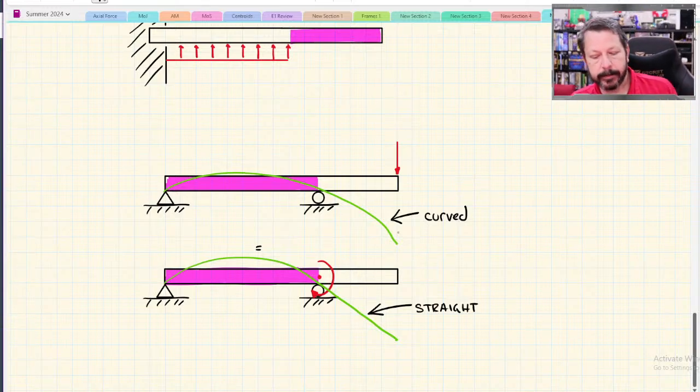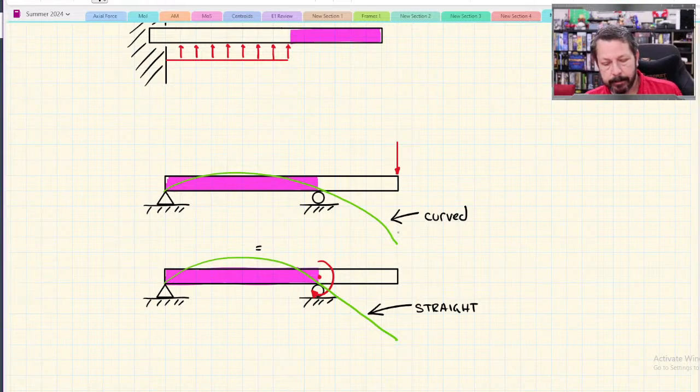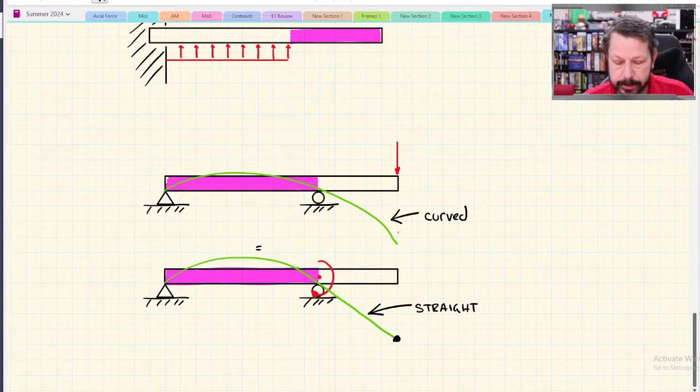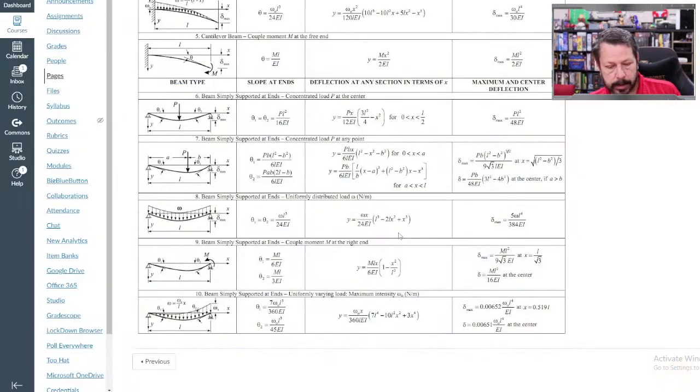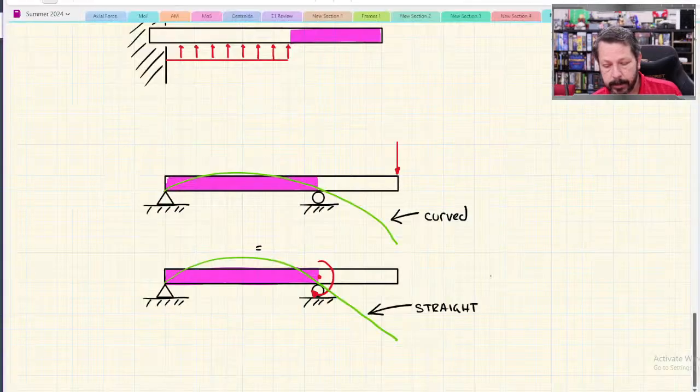So you have to be careful. That's why when we solved it last time, we had to do this. We had to convert the point load over to a concentrated moment, and they did want us to find the deflection out at the end out here, but we couldn't just go and use the delta equations for case number 9. We couldn't use those.